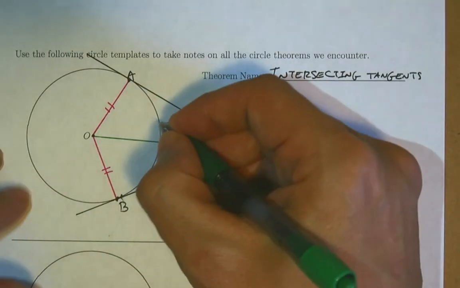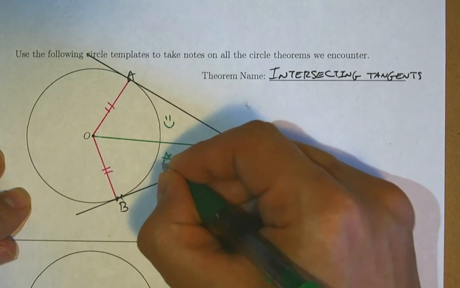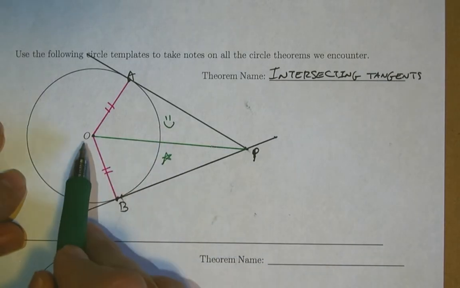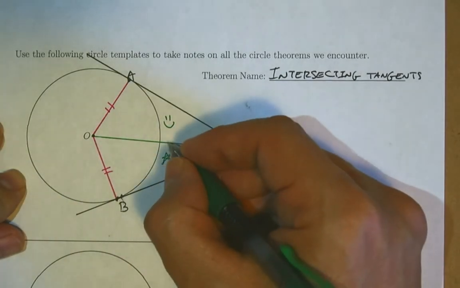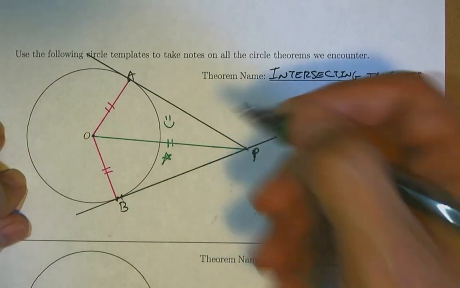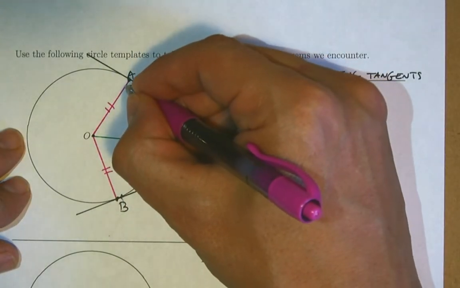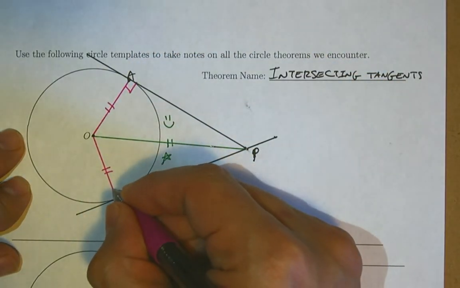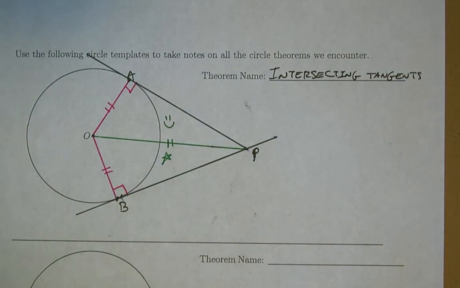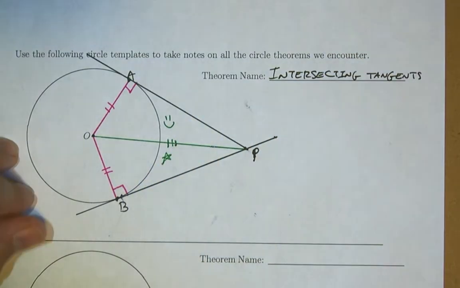We have the triangle on the top, triangle happy face, and triangle star on the bottom, and this segment drawn here in green is going to be congruent to itself. That's the reflexive property. And remember, when we drew in the radii, they're perpendicular to the tangents at the point of tangency. So let's put three little marks there.